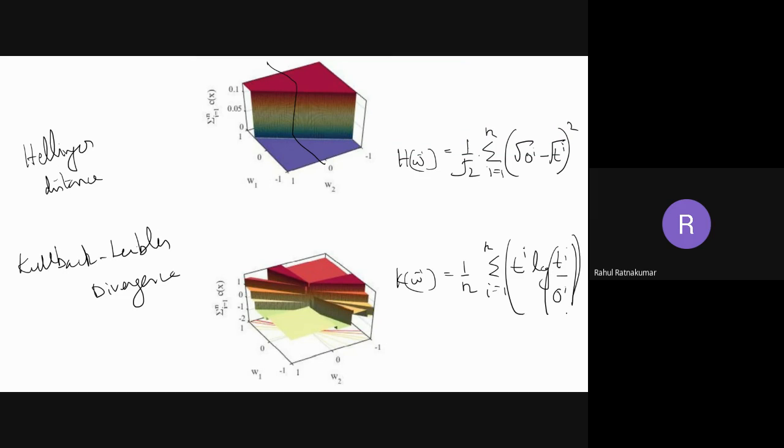This is the equation of the Kullback-Leibler divergence. Here also, like MSE, we are taking an average of the error by n and taking the sum of all t_i into log t_i by O. Just understand that there are different options, and the error function is changing in some odd way.